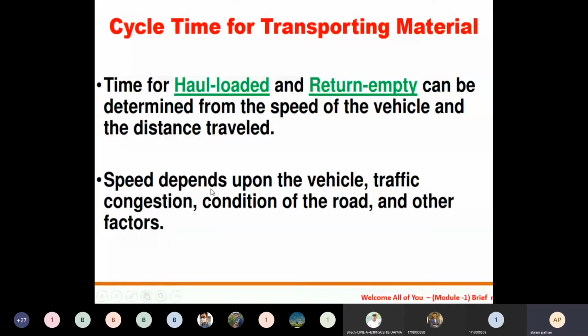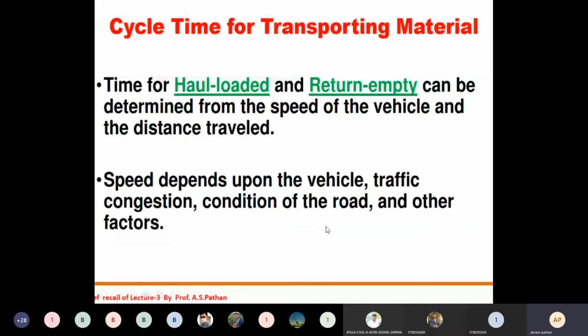Again, the speed depends upon the condition of the vehicle, whether it is an old vehicle or a new vehicle. Then also the traffic congestion and the condition of the road. The road may be a flexible pavement, which is made with the help of bitumen, or a rigid pavement, which is made with the help of concrete.